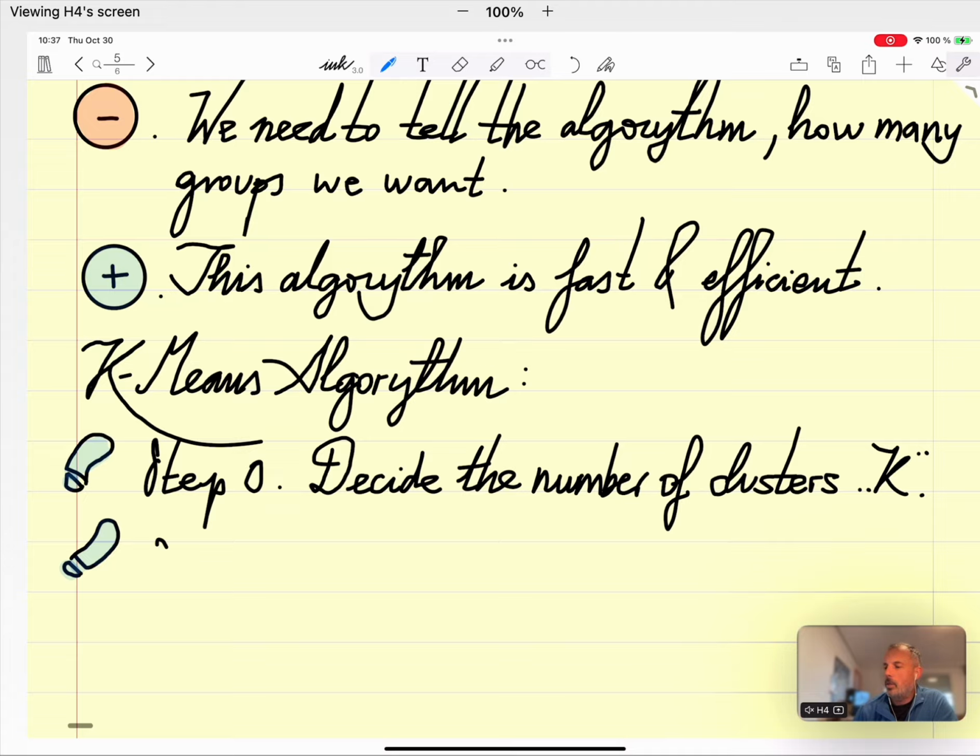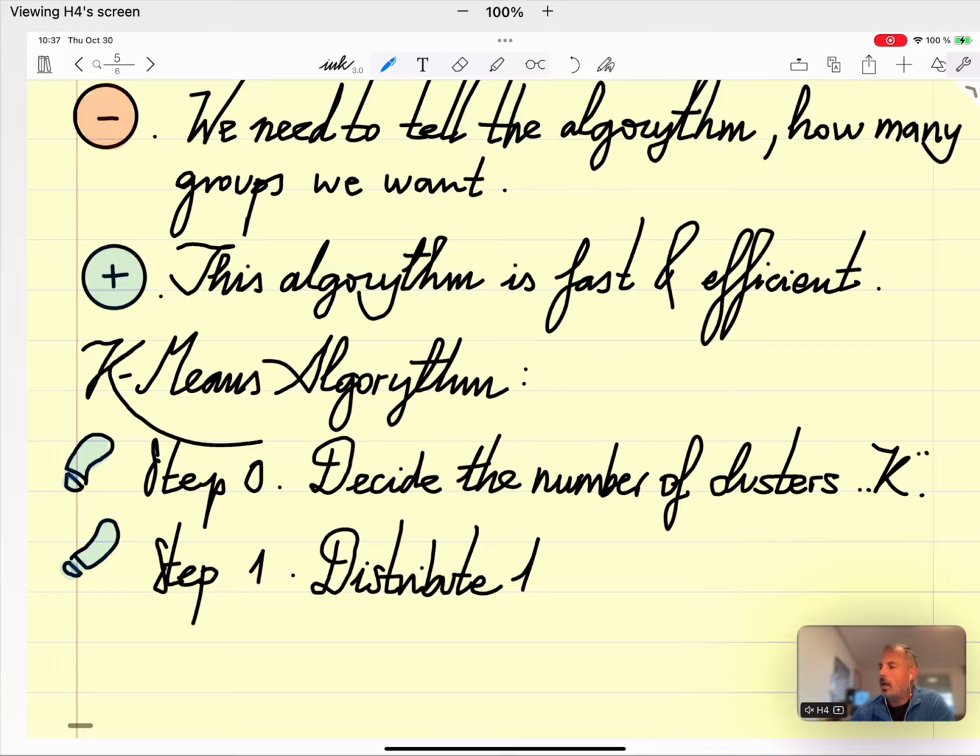So step 1. You need to distribute the data points in K groups.